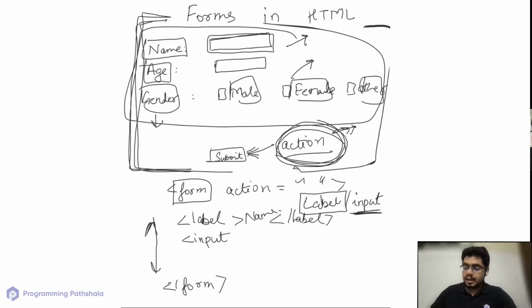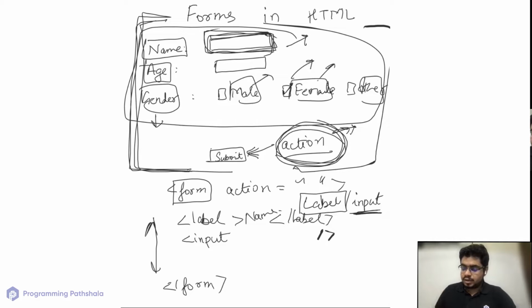Now generally an input is a non-container tag. Why? Because it's a simple place where the user can put something. So it could be a place where the user can, let's say, upload an image, or fill some details, or tick something like that. But it would be a final input tag. Remember, this male, female are all labels.